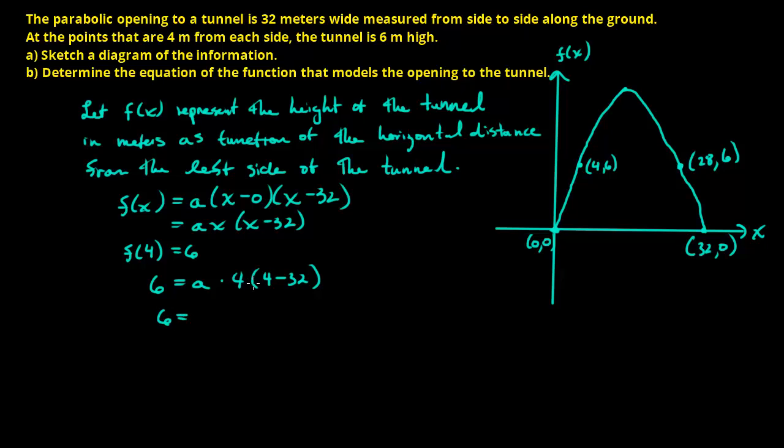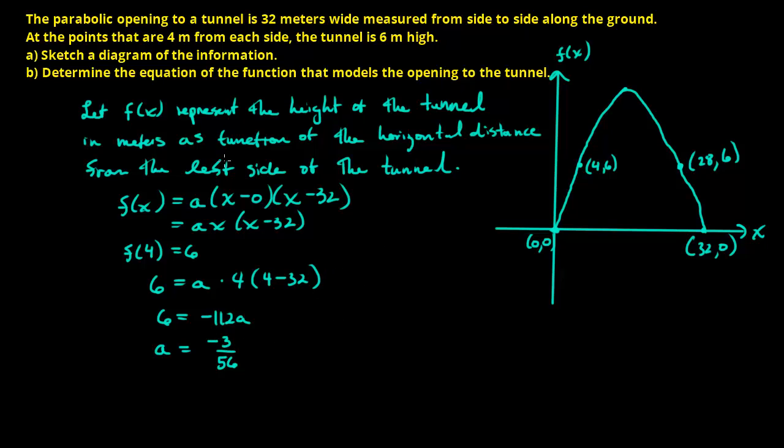If you multiply 4 times 4 minus 32, you will get negative 112. So we'll get minus 112a is equal to 6. If we divide both sides by negative 112, we get that a is equal to minus 3 over 56, because 6 over negative 112 simplifies to negative 3 over 56.